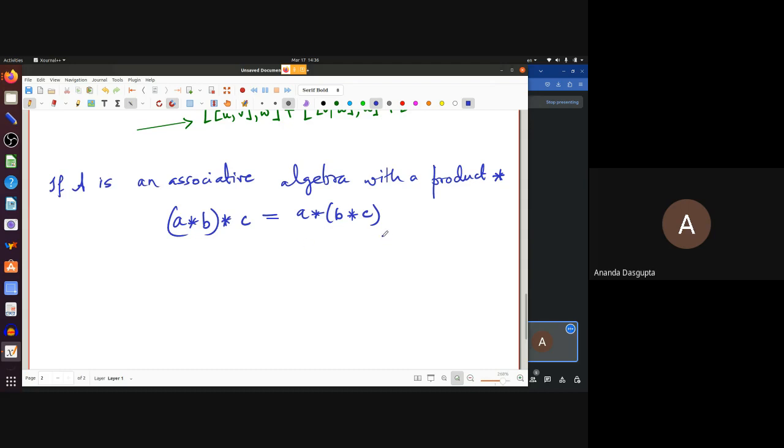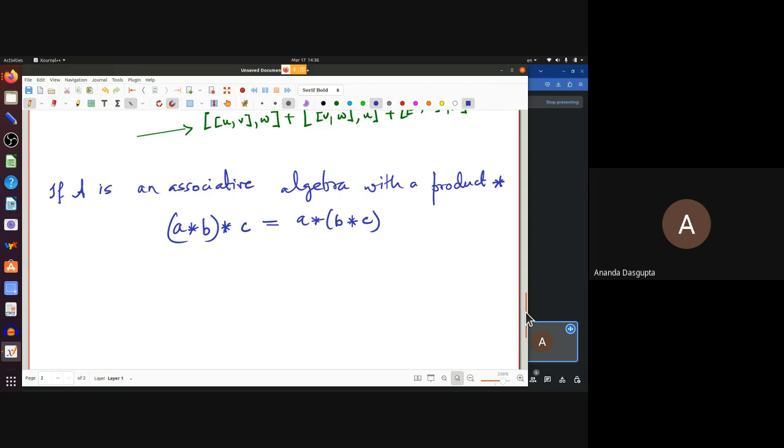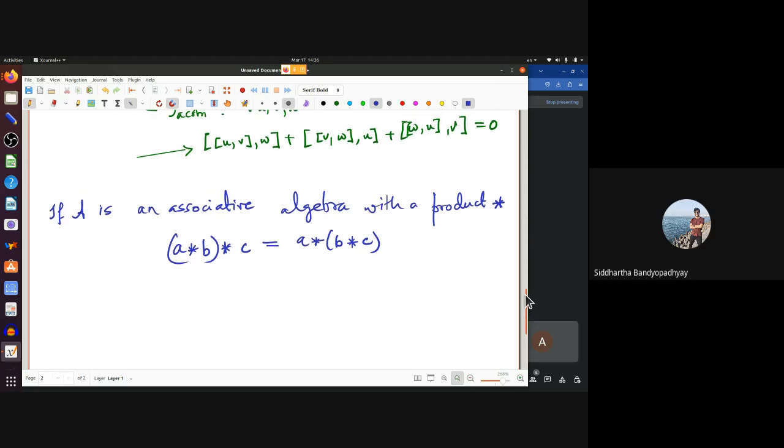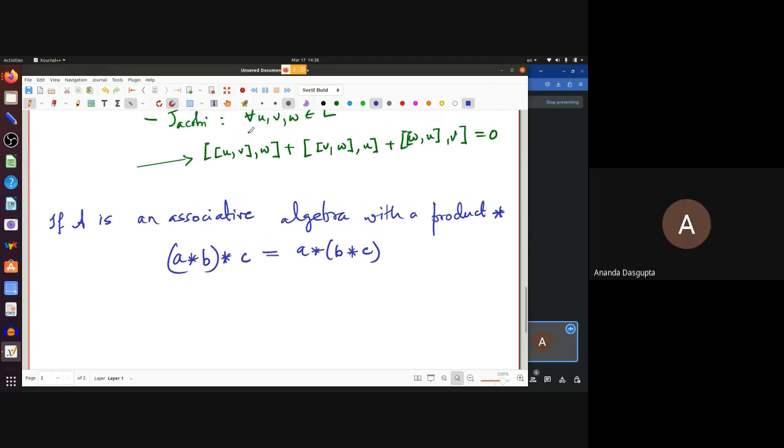You have seen up to this much. Yes, sir. Okay, first of all, is a Lie algebra associative? Not necessarily. Well, actually, no, because associativity would have meant this and this are actually equal, right?